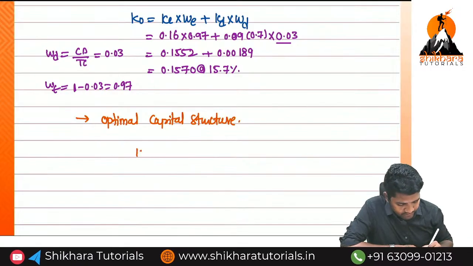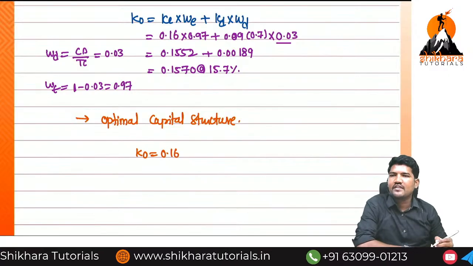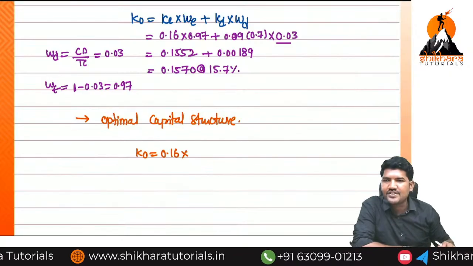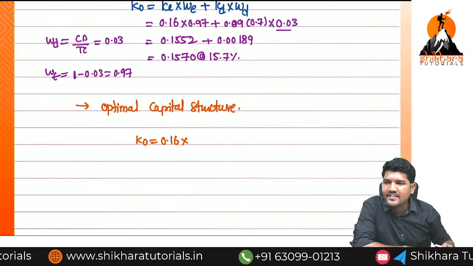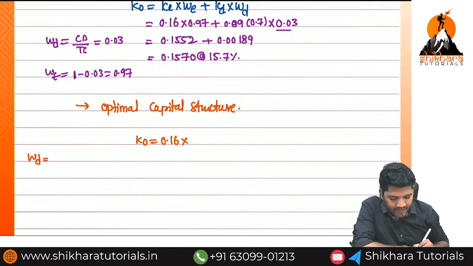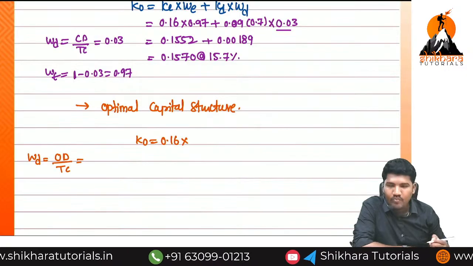Now KO equals the same. 0.16 equity, no change. Next, the weights have changed. Now see, weight of debt equals optimal debt divided by total capital. What is the answer?